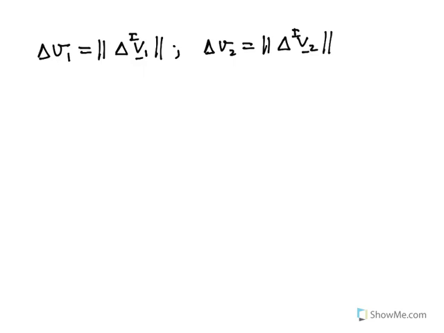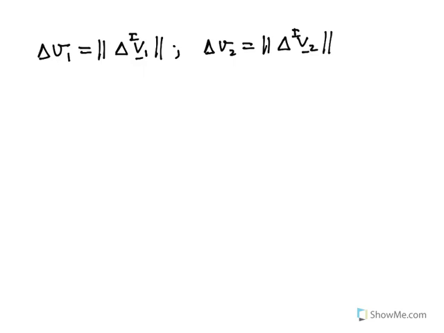But it just so happens in this particular case that that is true, because the velocities are pointed in the same direction, both before and after the application of the initial impulse and before and after the application of the final impulse. So now what we can do is we can actually use that to our advantage.